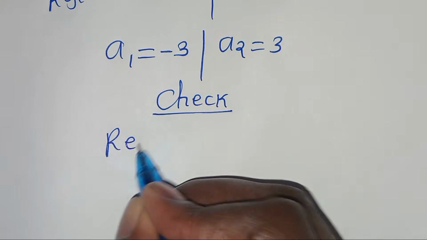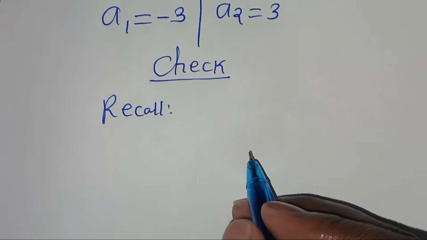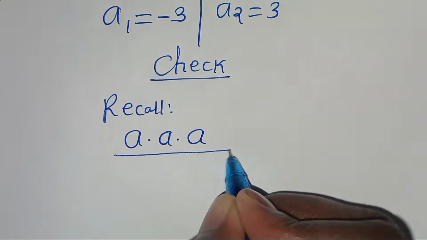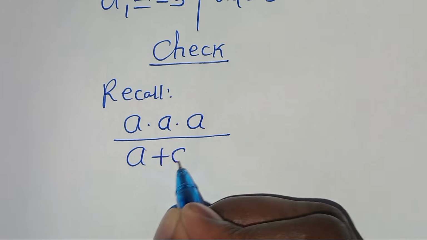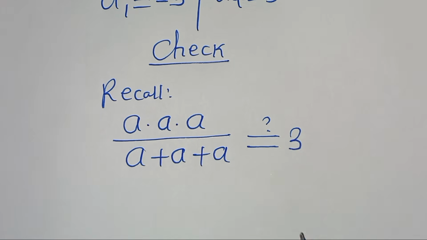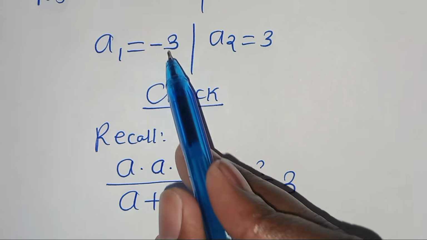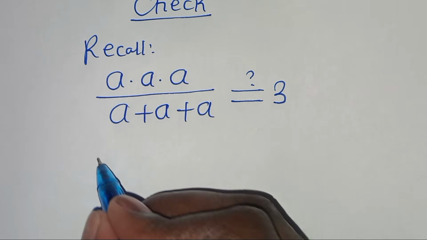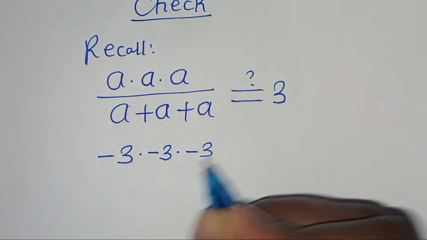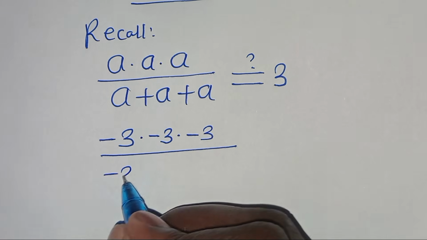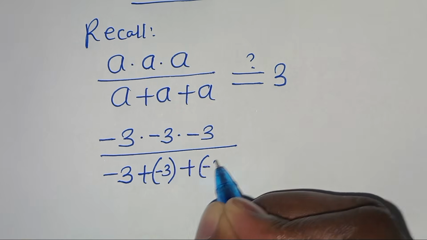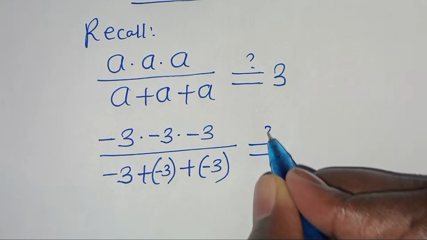If you recall, we have that a multiplied by a multiplied by a divided by a plus a plus a should give us a value of 3. Let's start with a1, which is minus 3. So this is minus 3 multiplied by minus 3 multiplied by minus 3 divided by minus 3 plus minus 3 plus minus 3.